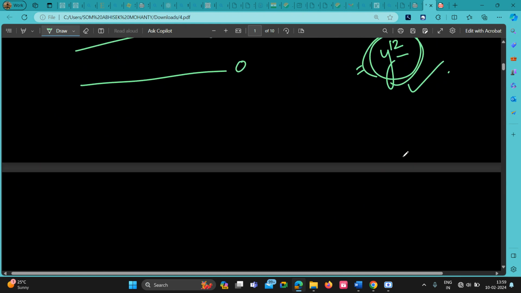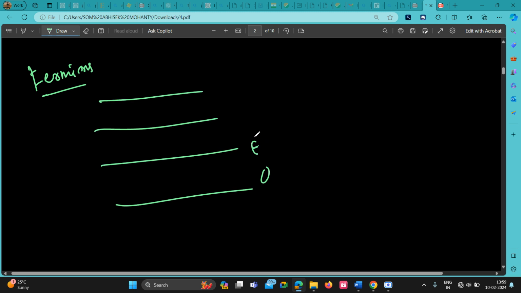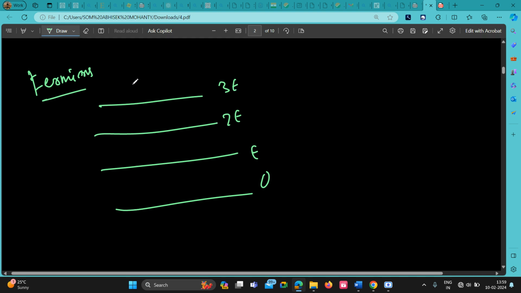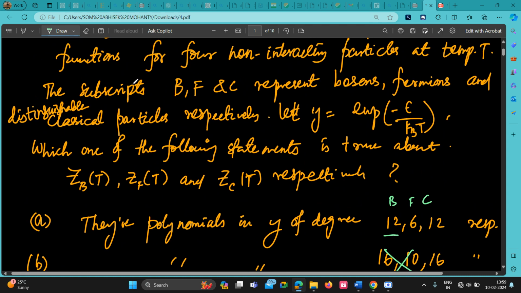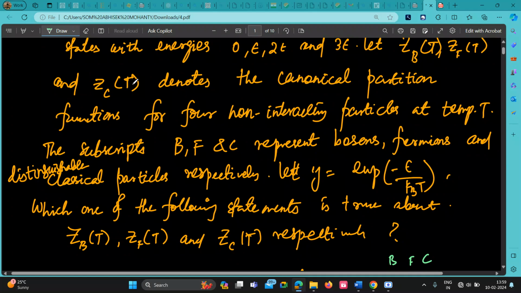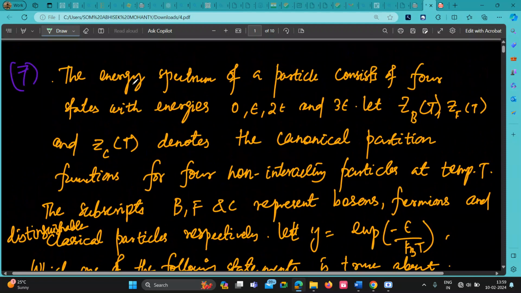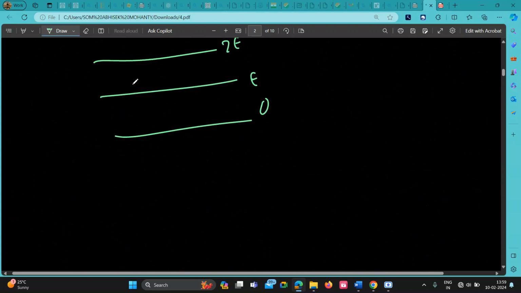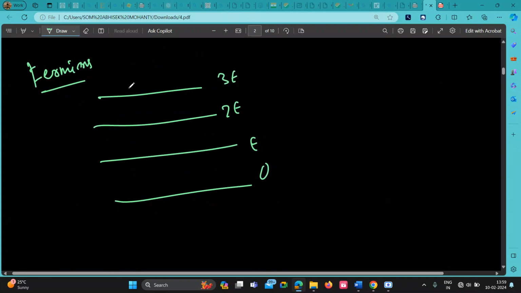Next, let's go to fermions. Again four states: 0, epsilon, 2 epsilon, 3 epsilon. Now see, fermions here, we can arrange them in 2, 2, right? I can have two fermions here and two fermions here.